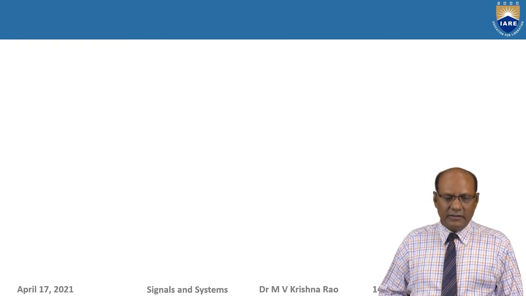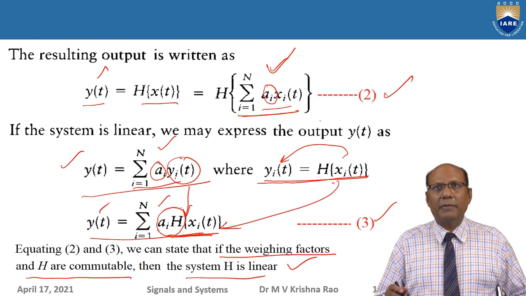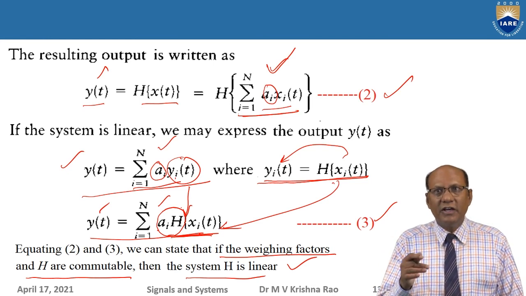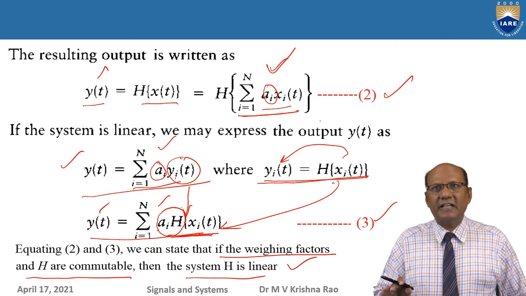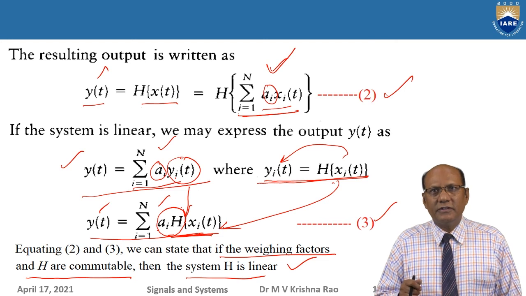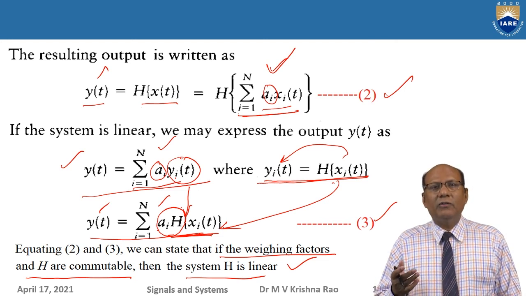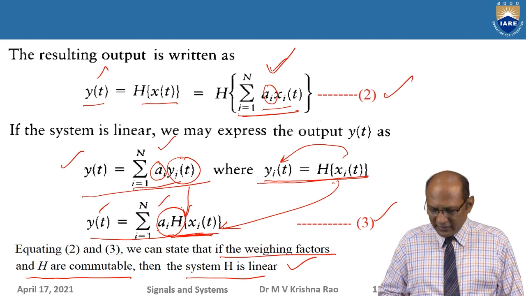Okay, so I think I have completed these properties of systems, or classification of systems. If this condition is not satisfied, that means if the system is not linear, then it becomes a non-linear system, like y equals x square. It is a non-linear system.